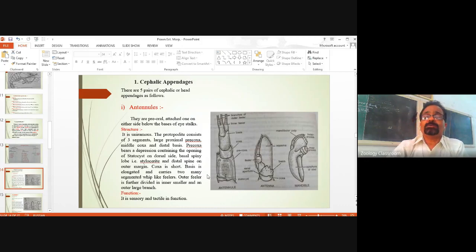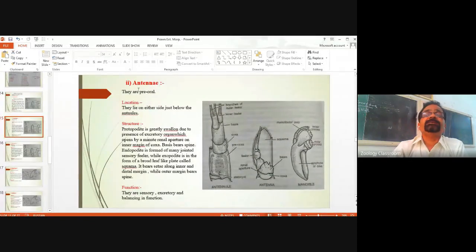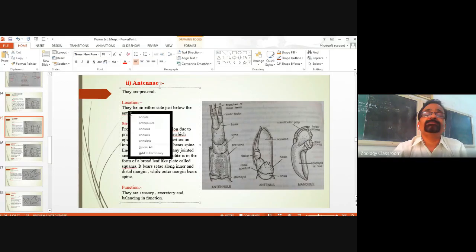So this is regarding the antennae. Now next one. Next one is antenna. Again, they are also pre-oral, but they lie on either side just below the antennules. Just below the antennules.